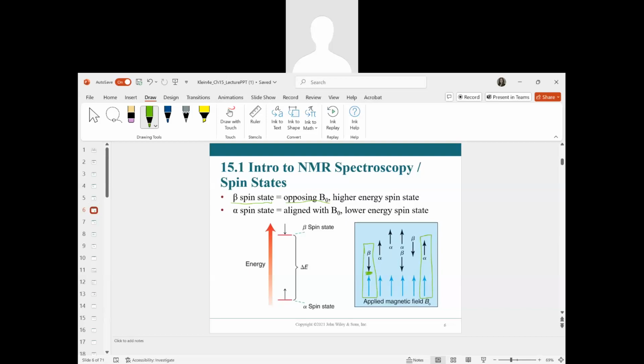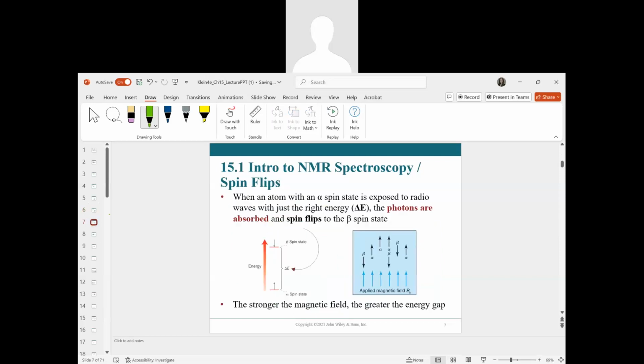We can see over here in this energy diagram both of these spin states relative to one another. We can see our alpha spin state, and again, our applied external field is in this direction. So the alpha spin state pointing in the same direction is the lower energy spin. And then we have our beta, again at that higher energy up here.